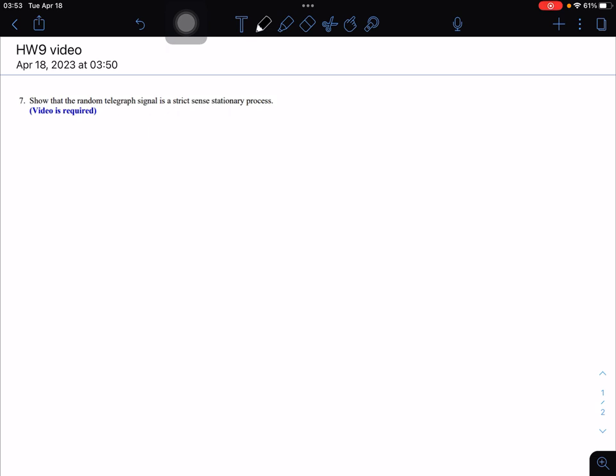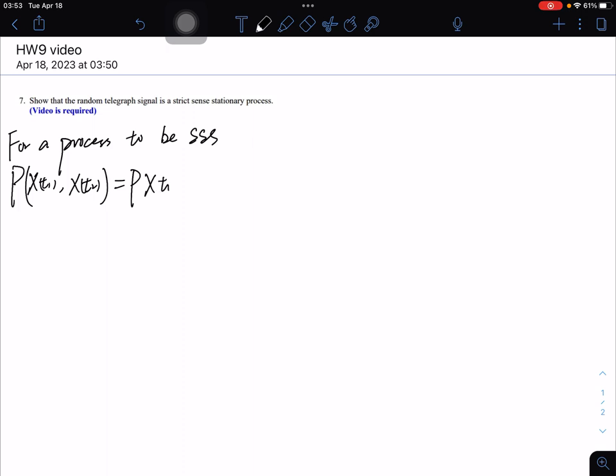Okay. Now, for a process to be SSS, we have the following property: P(X(t1), X(t2)) equals P(X(t1 plus psi), X(t2 plus psi)) for all t1, t2, and psi.